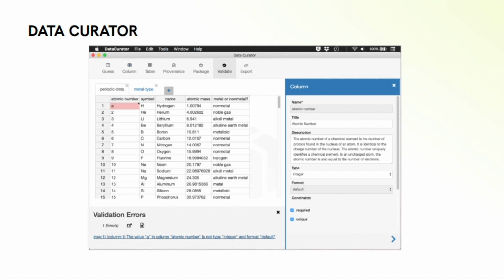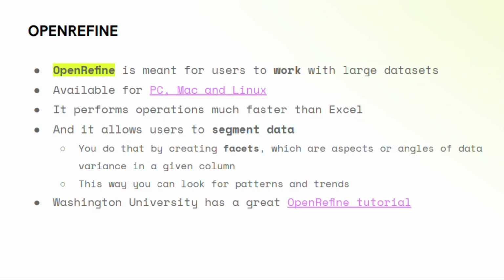In this case, it's an integer, which means it's a whole number, and the format and any constraints that you have from this data. You can see that we're looking at the Validate tab on the print screen. And you have different other tabs to help you validate your files before you publish them.